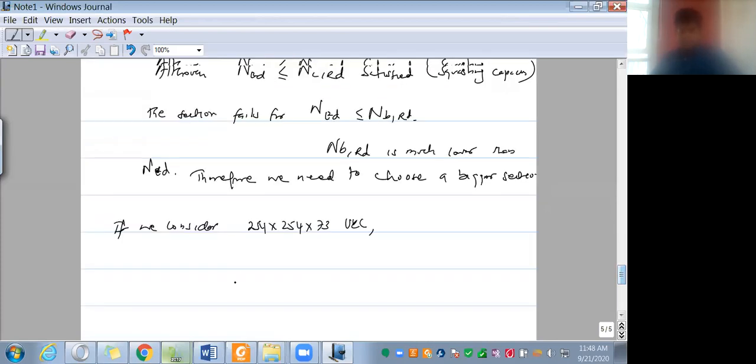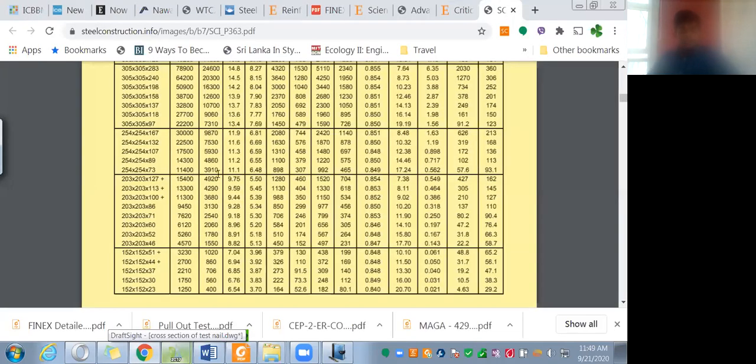So N_cr is pi squared EI over L effective squared. So pi squared, let's leave it, E of this section is 200 kilonewton per millimeter squared, and I for the 254, 254, 73.